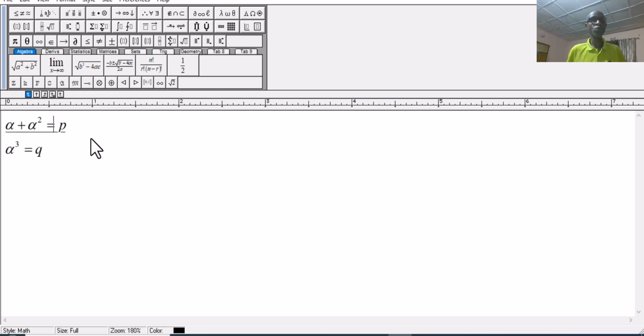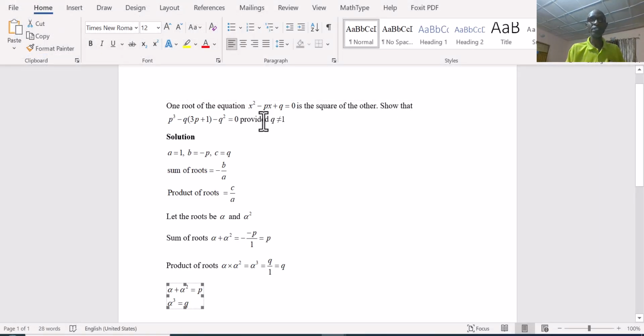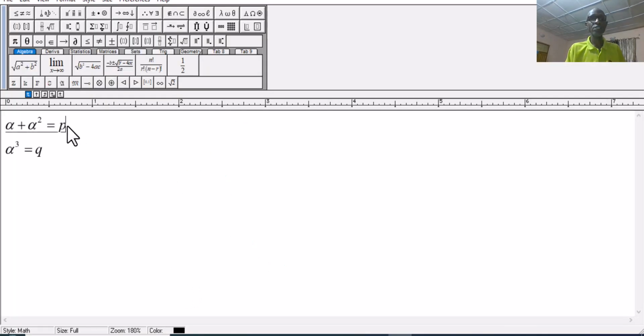Now from the question we are given, take note that p is raised to the power of 3. For me to get p raised to the power of 3, I need to cube both sides. Let's term the first equation 1 and the second equation 2.